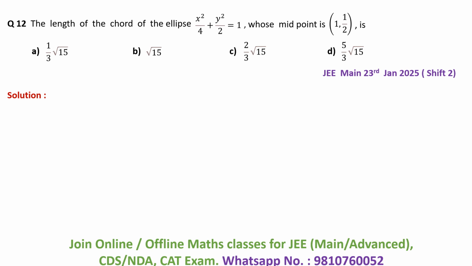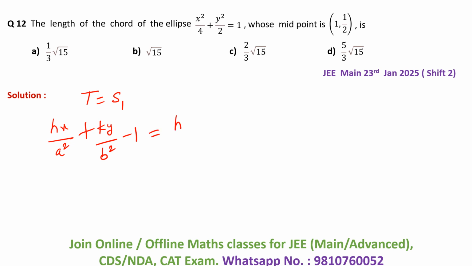And we know that whenever the midpoint of the chord of the ellipse is given, then we can easily write the equation of that chord. And we know that the equation of the chord will be given by the equation T equal to S1. Now what is T here? T represents hx upon a square plus ky upon b square minus 1, where h comma k is the midpoint of the chord.